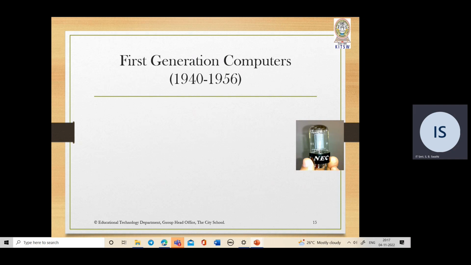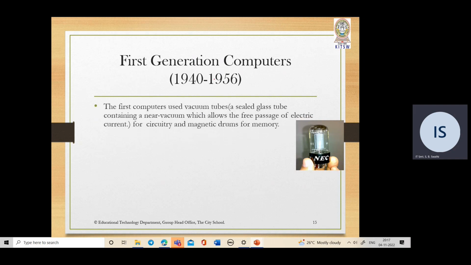So this is the first generation computer, which was introduced during the period 1940 to 1956. Here computers were realized using vacuum tubes, where within the vacuum tube you have a small electric circuit and some magnetic drums are there, which are actually storing the data, the input and output data.